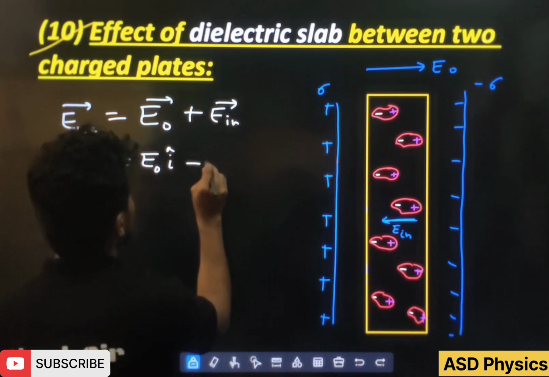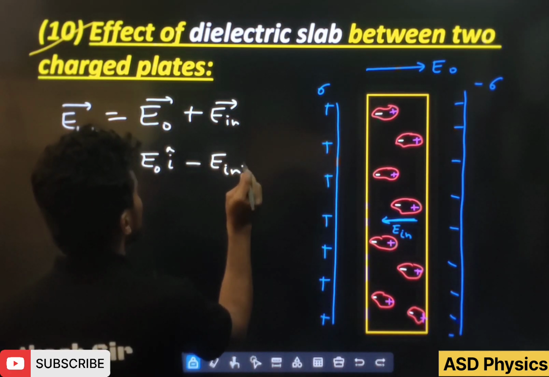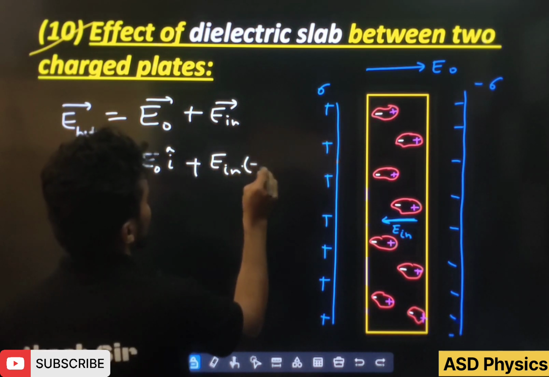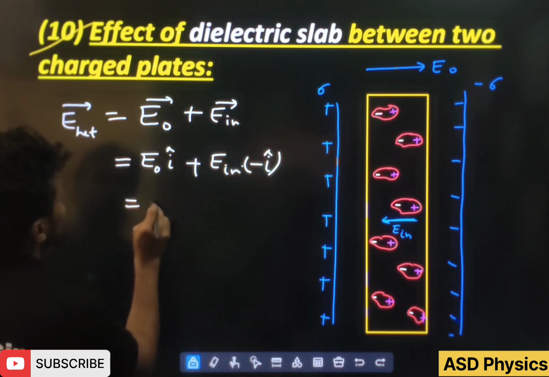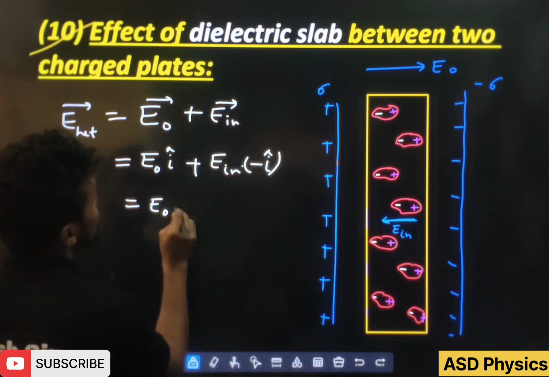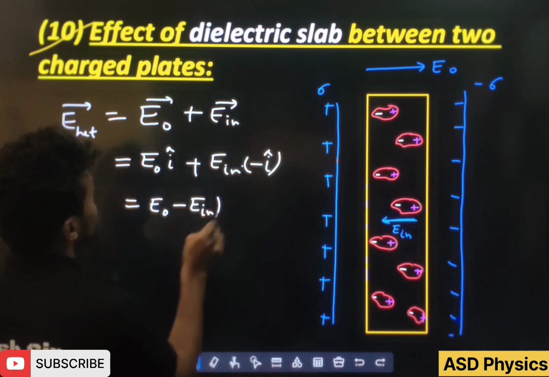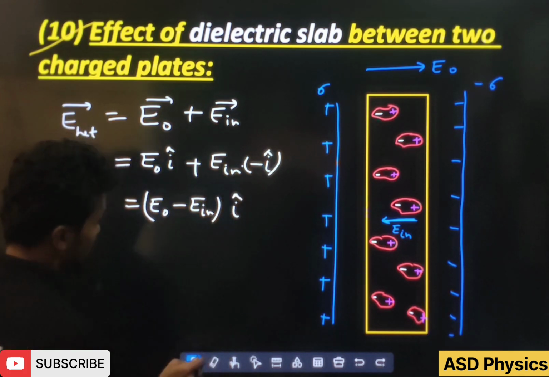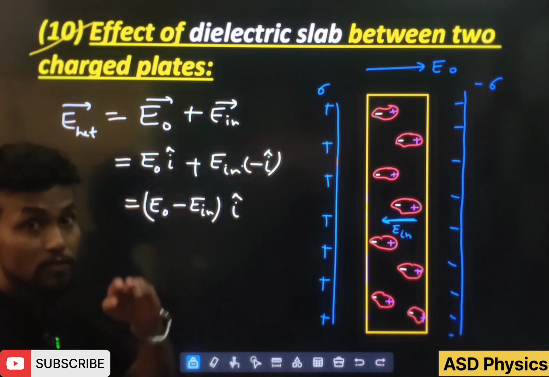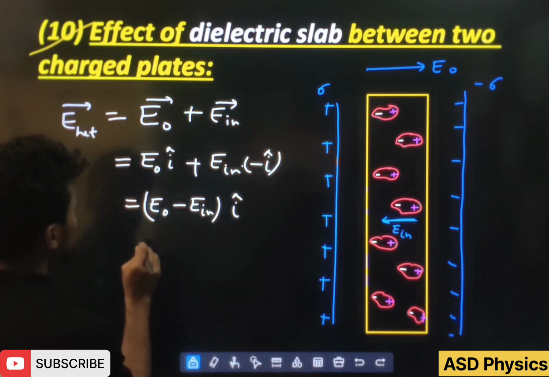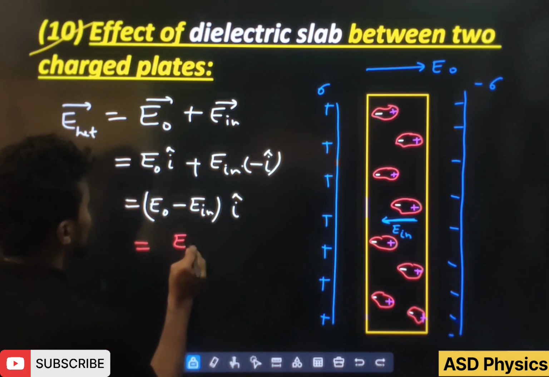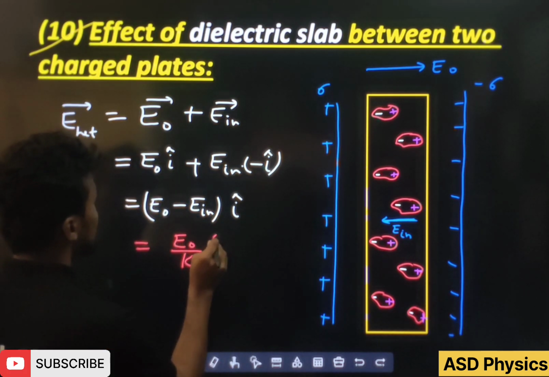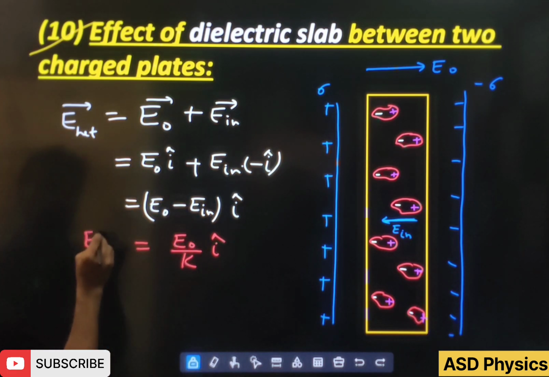We can write E induced in the minus i cap direction, or E naught minus E induced i cap. Anyhow, the electric field value will decrease, so we can write E naught by K i cap.